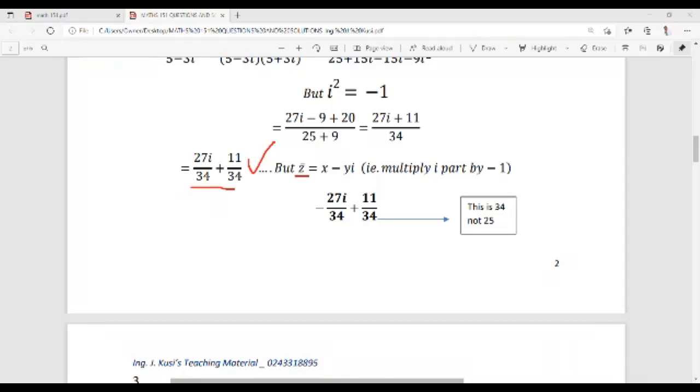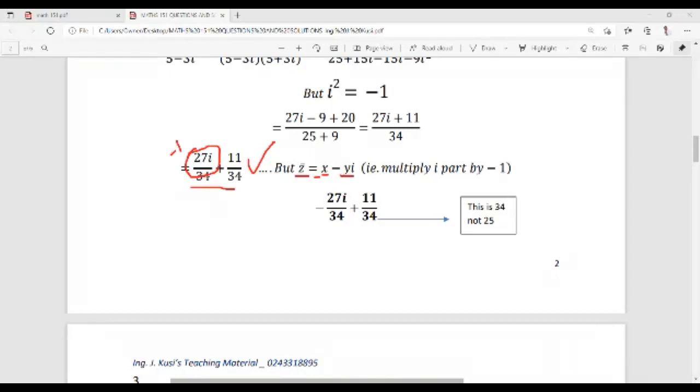According to what we read, complex conjugate means you should maintain the real part and multiply the imaginary part by -1. So this imaginary part must be multiplied by -1. Do you agree?